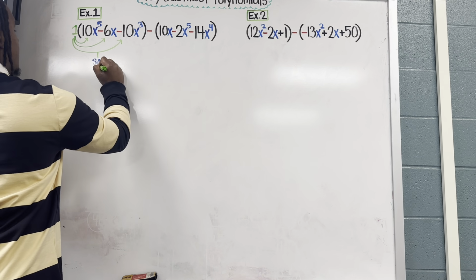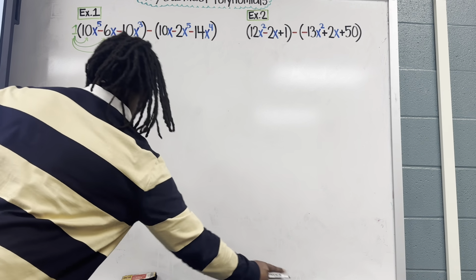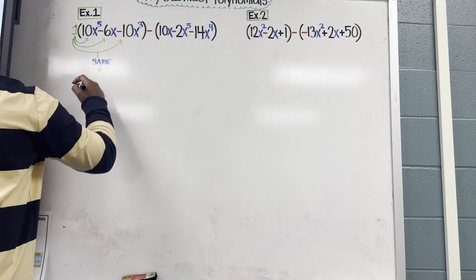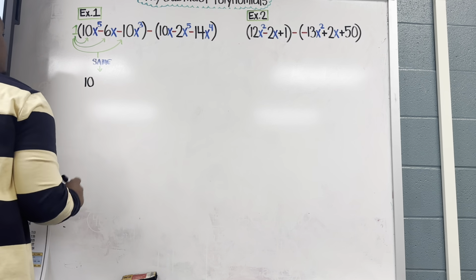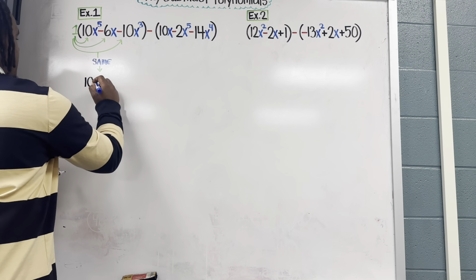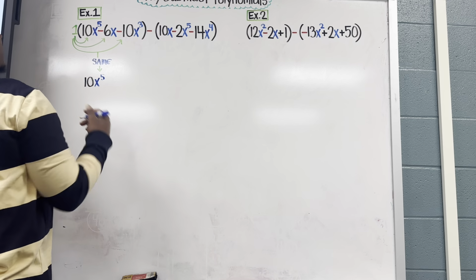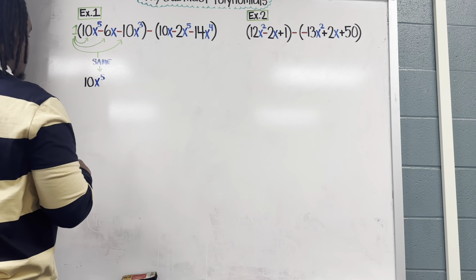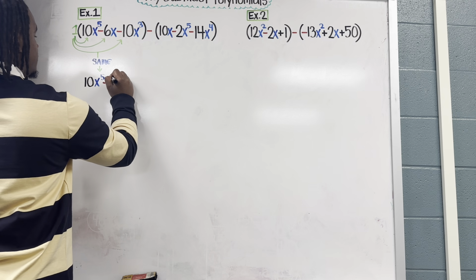Okay, so what I'm going to do is I'm going to rewrite everything the same outside of that parentheses. Okay, so I still have 10x to the 5th power because 1 times 10x to the 5th power is 10x to the 5th power. Okay, 1 times negative 6x is negative 6x, so that's going to be minus 6x.